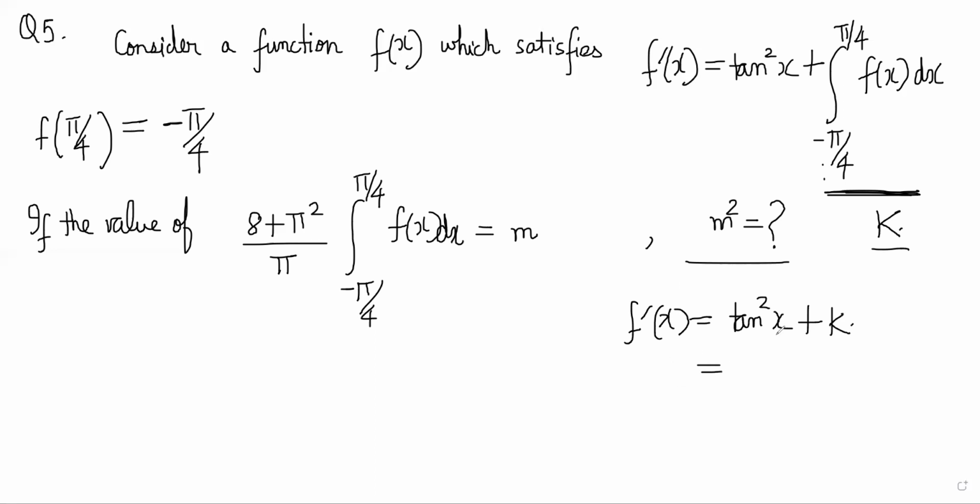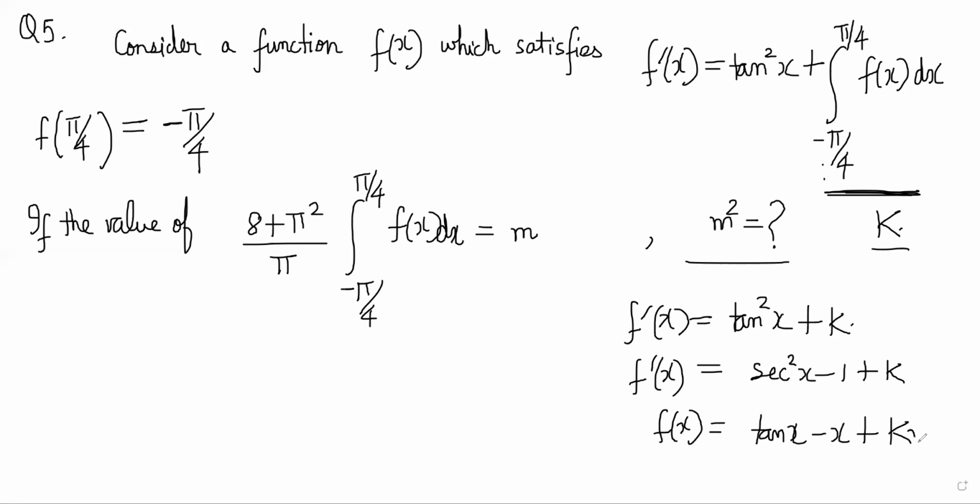That is sec square x minus 1 plus k for f dash x. If you integrate this, f of x would be tan x minus x plus kx plus c, right? Each term we are integrating, we are getting this.